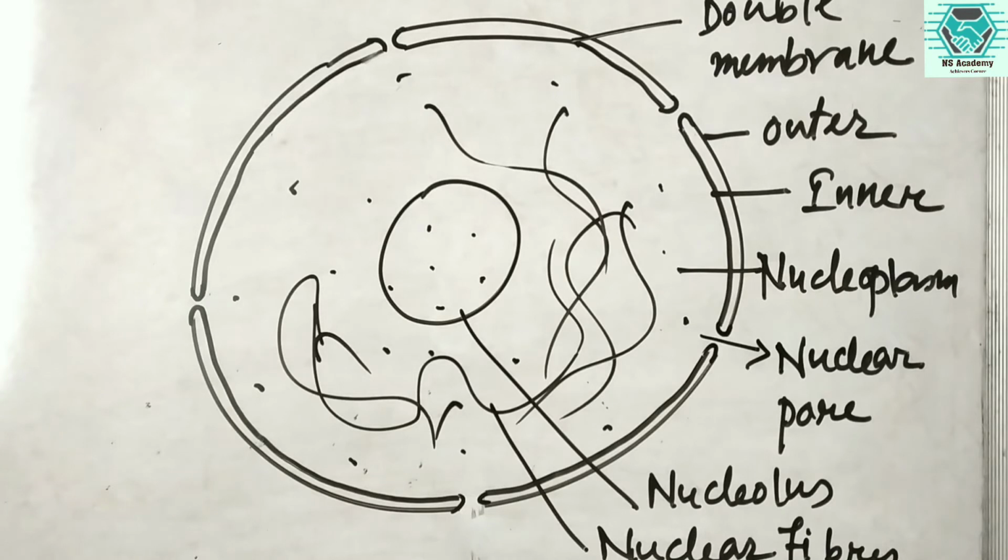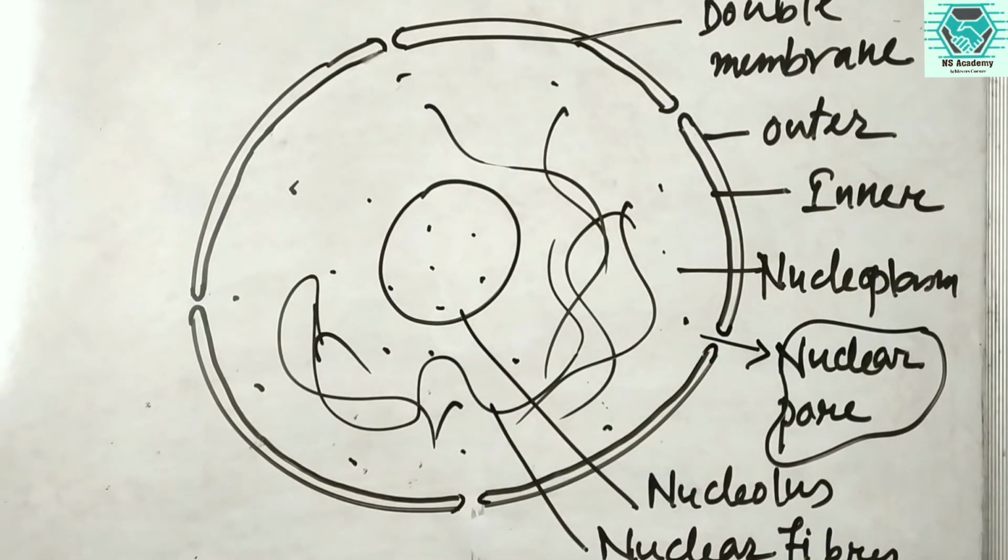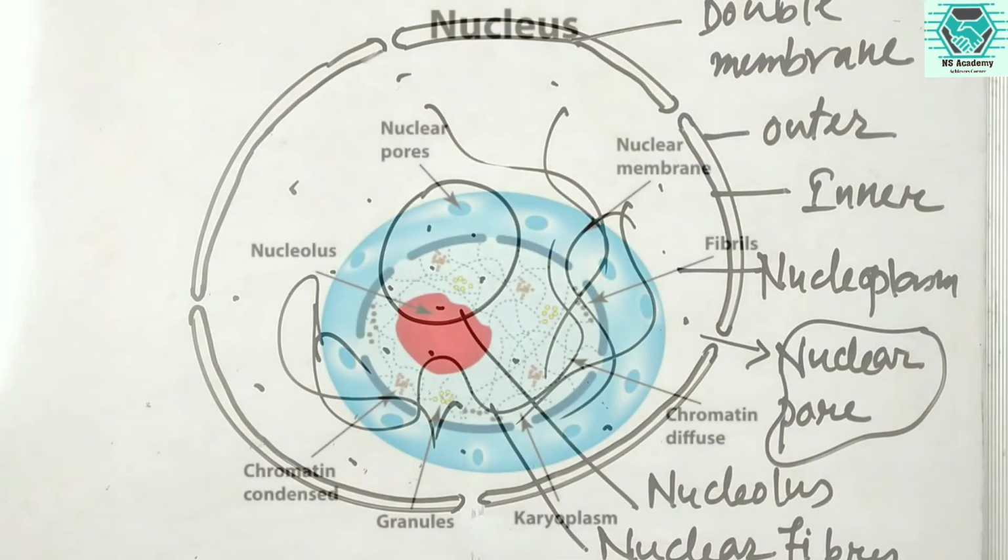Here we see the double membrane of the nucleus, and in between the membranes there are pores called nuclear pores. Except this, there are nucleolus and the nuclear fibers.